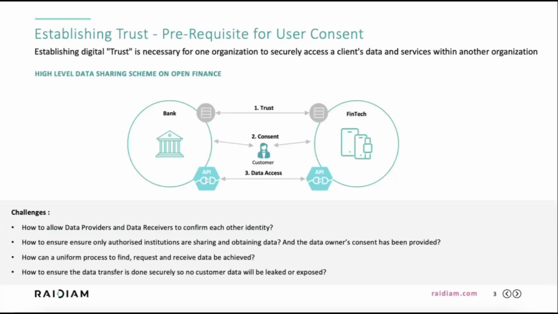The second is to make sure that irrespective of whether they've identified each other, you could also be assured that they are authorized. So it's not just a question of saying, is this Barclays Bank? Am I certain it's Barclays Bank? You also want to know that they are going to be approved to share the data. And that's particularly important. Actually, using a bank was a bad example. Let's say it's an estate agent.